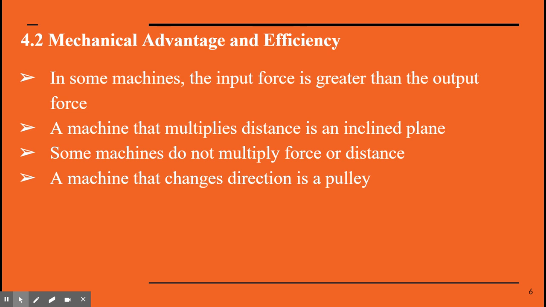Your next lesson is going to look at mechanical advantage, which is a ratio of the force being used to do the job. So if you have an output force of 3 and you had an input force of 1, your mechanical advantage here would be 3 because your force was multiplied by 3.